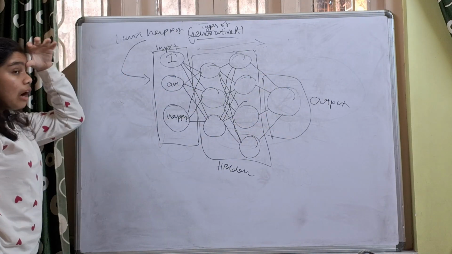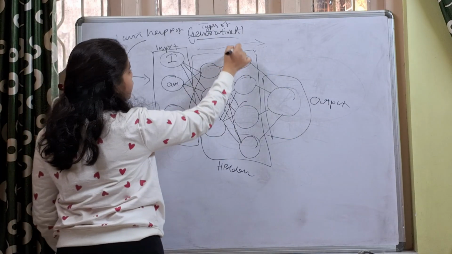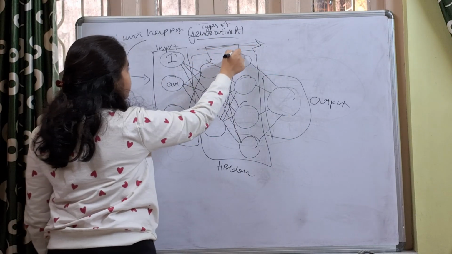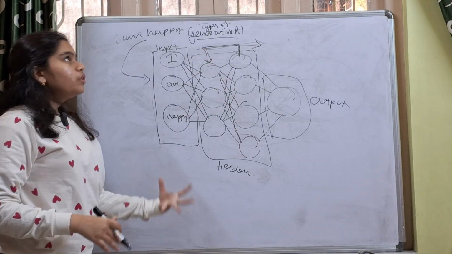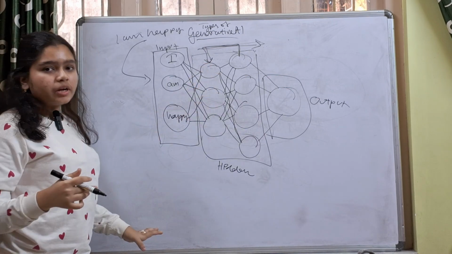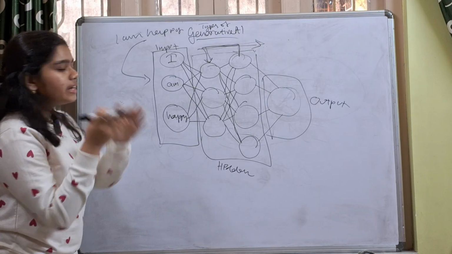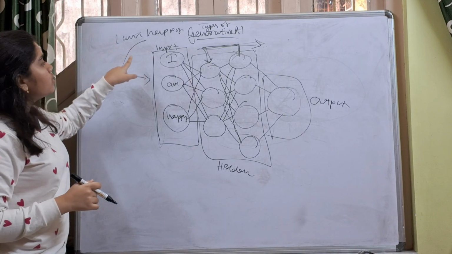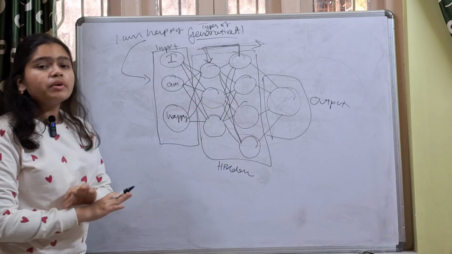But in an RNN, or recurrent neural network, there is recurrence. That means it can go forward, of course, but it can also go backward to the previous neuron to check. It has its own memory. That's why it can check what information it had previously and relate it with the next neuron's information. If you take the example, I am happy, it will process I. At that time memory has nothing.